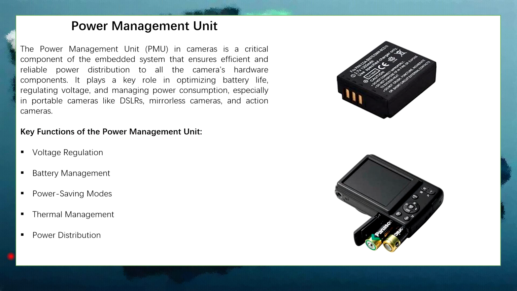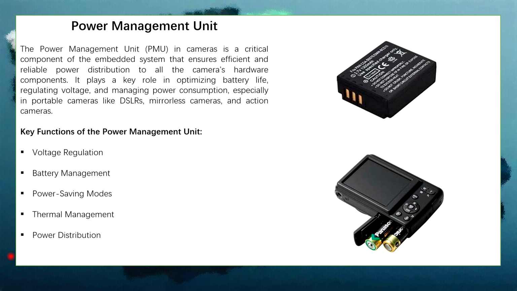Power Management Unit. The Power Management Unit, PMU, in cameras is a critical component of the embedded system that ensures efficiency and reliability, providing power distribution to all camera hardware components.